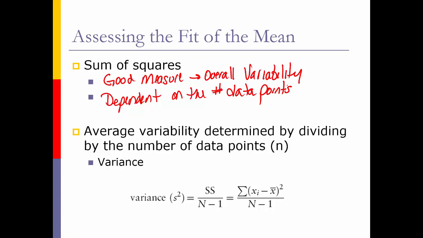And so we can say, all right, well, what is our average variability for a sample set? Well, we just need to take our sum of squares and divide it by n minus 1. And that n minus 1 is essentially what we're going to end up calling our degrees of freedom. And the sum of squares divided by n minus 1 is what we actually call our variance.